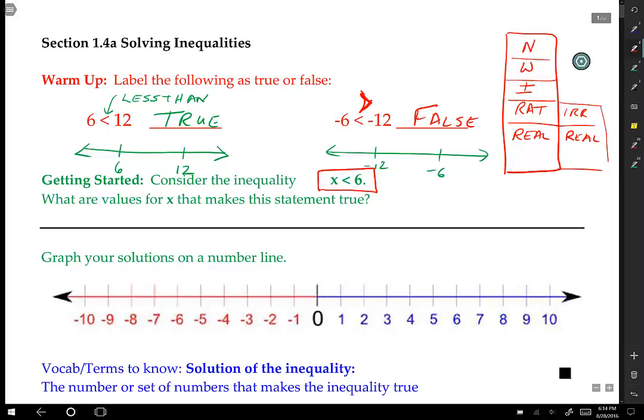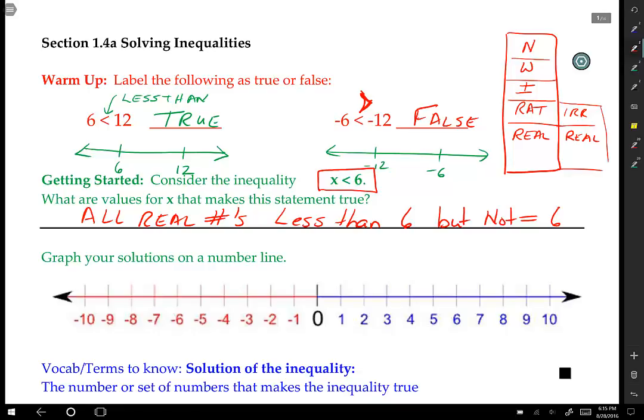So anything on the number line is a real number. And so this would be all real numbers less than 6, but not equal to. Okay, so that would be the things that would help us to get started on this.